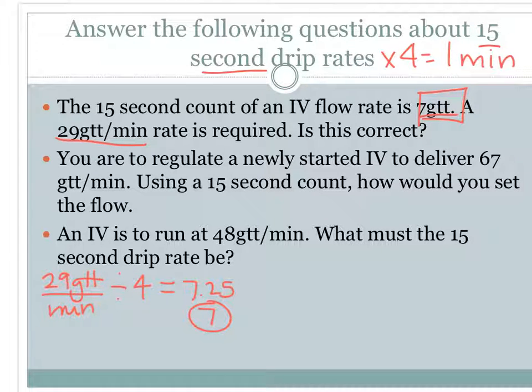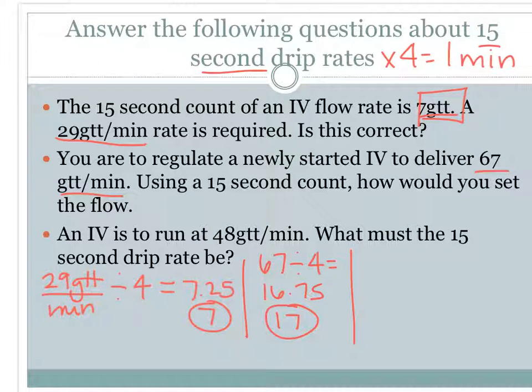The next question is, we are regulating a newly started IV to deliver 67 drops per minute. Again, using the 15-second count, how would you set the flow? Utilizing that information, 67 divided by 4 equals 16.75, which we have to round, and we should get 17.